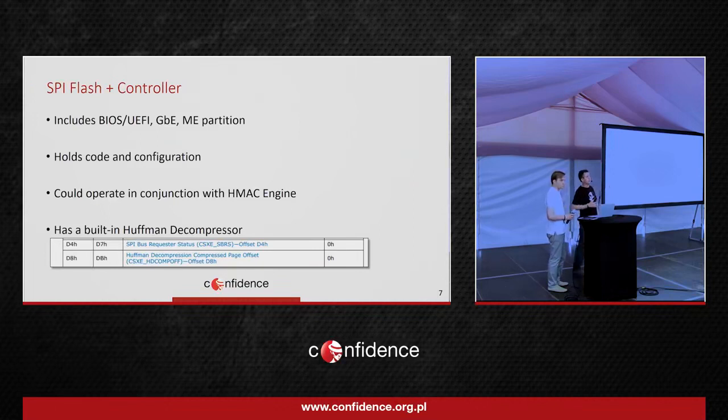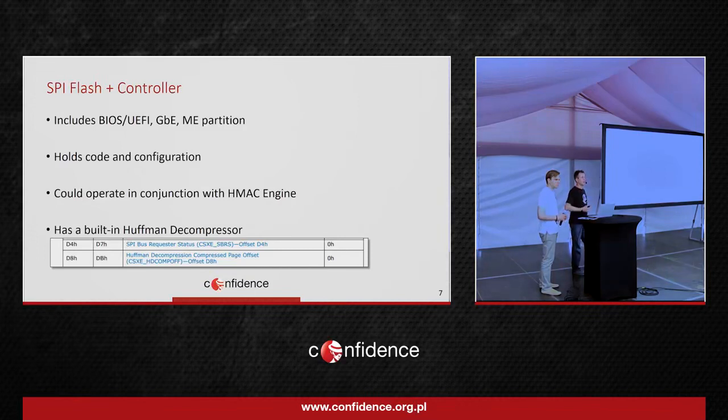Some data, actually some code modules of the management engine firmware, are compressed with Huffman encoding. And it was kind of a challenge to decode this data, because the tables are in hardware and there is no software equivalent published by Intel.